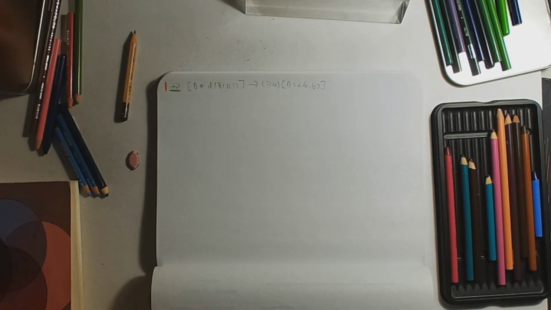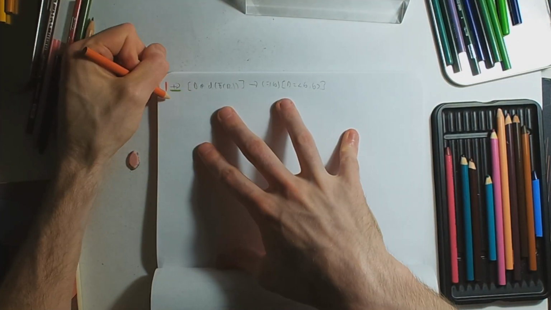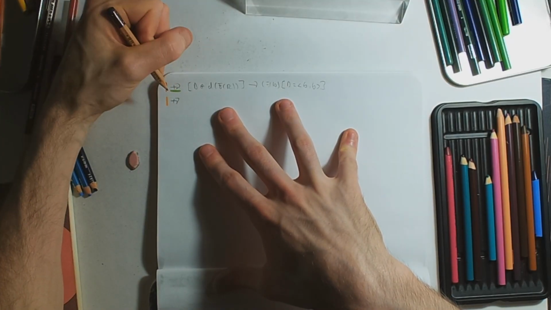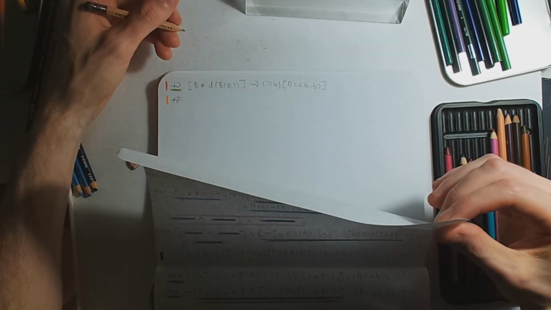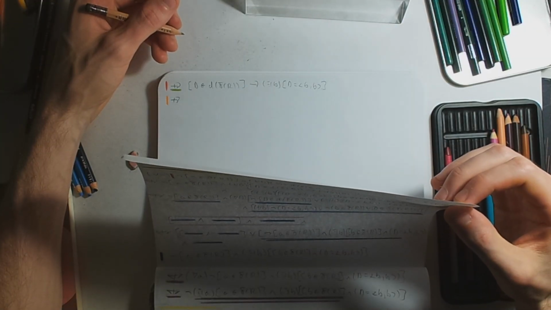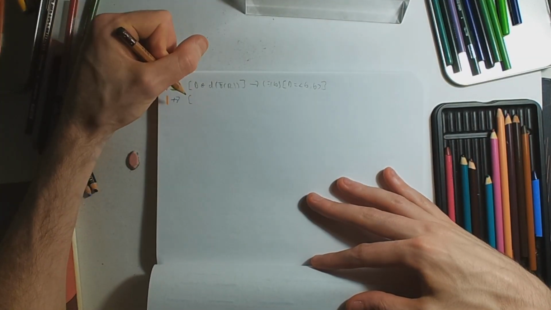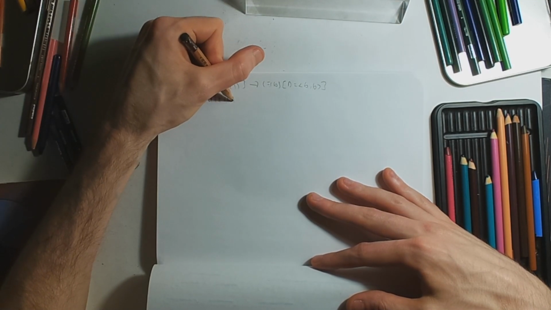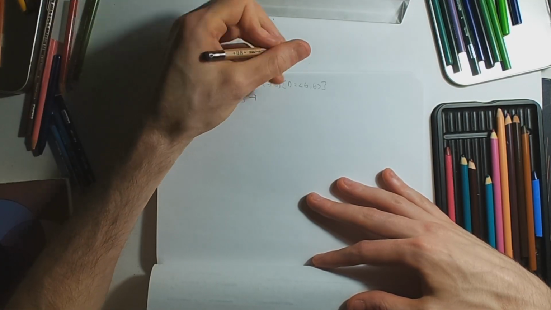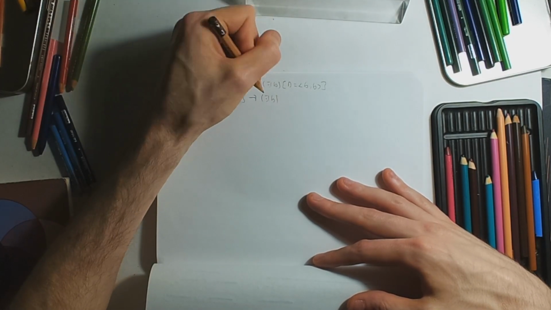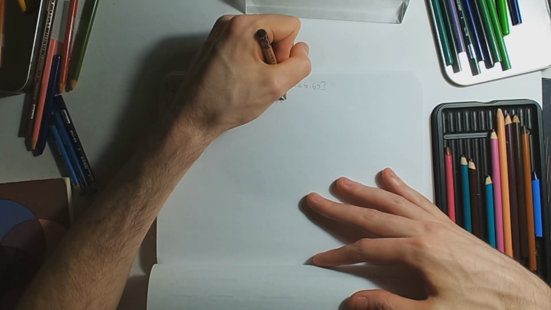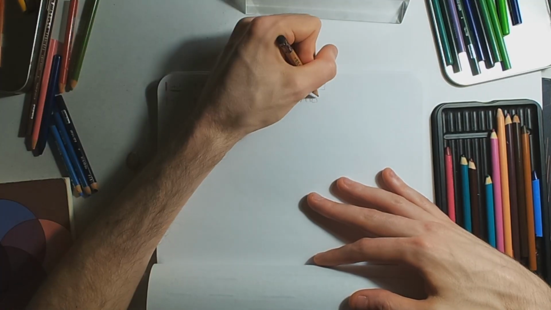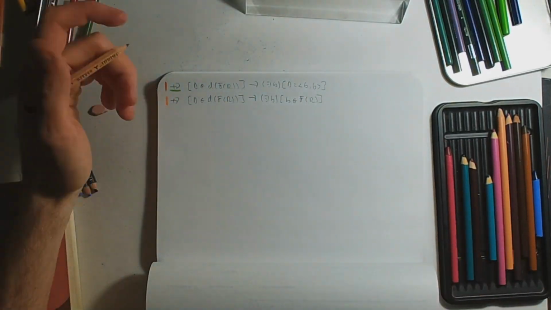Alright, second reduction. D is an element of the identity of the field of R. Then there exists a B such that B is an element of the field of R. Though that was already derivable.